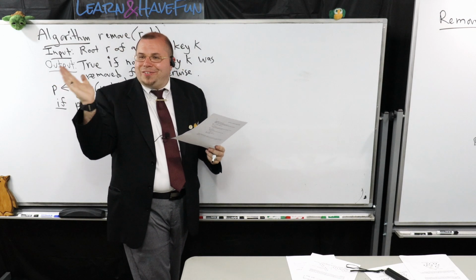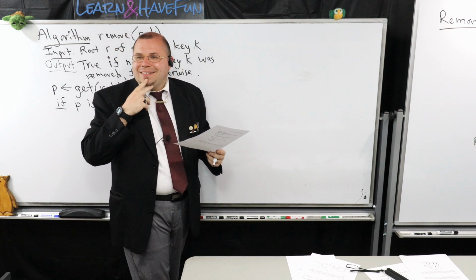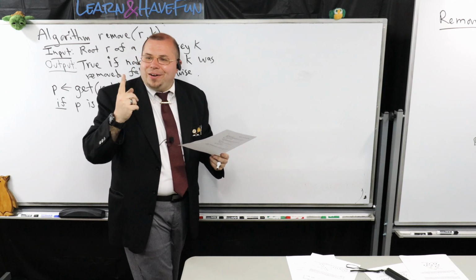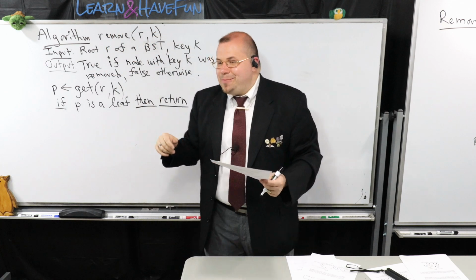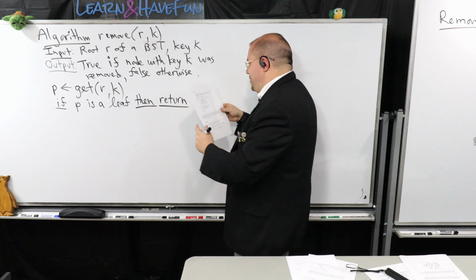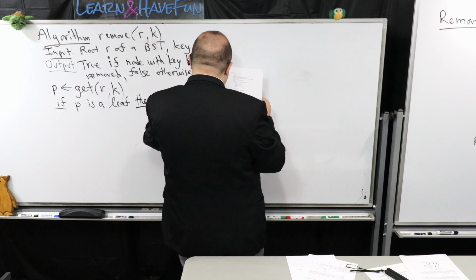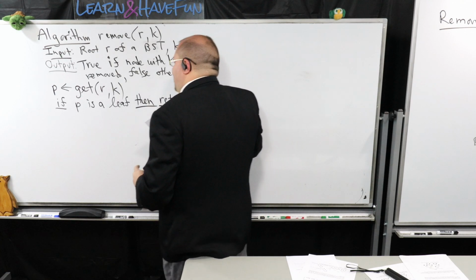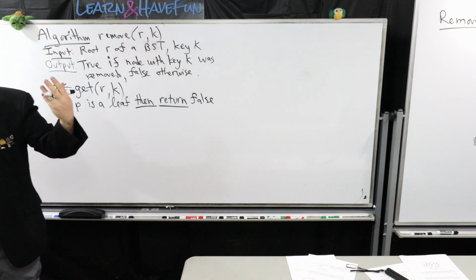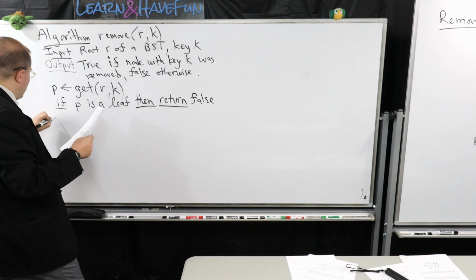Did we succeed or fail? If we hit a leaf node, we fail, right? That means we didn't find it, so I'm going to make sure it returns false here. Otherwise, we can proceed with the actual removal algorithm.